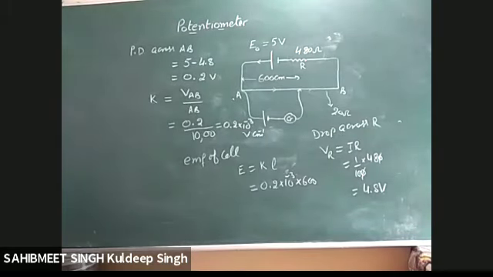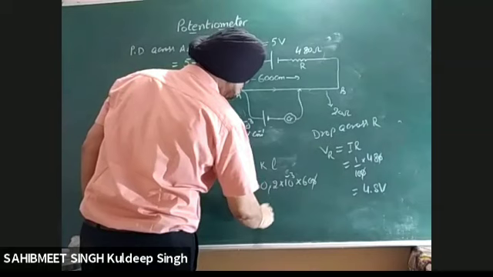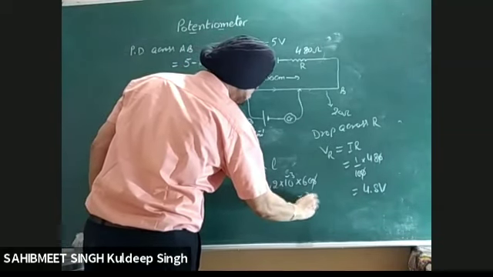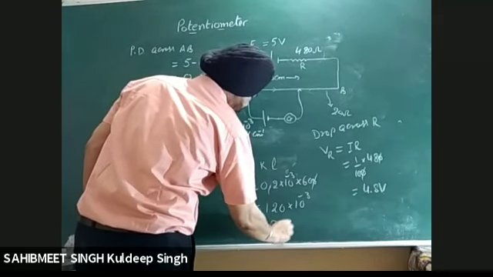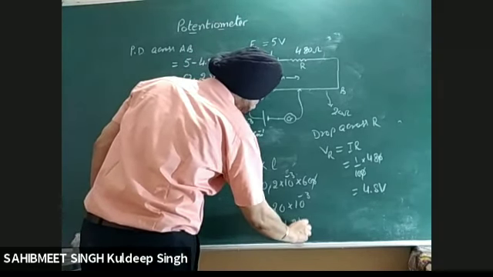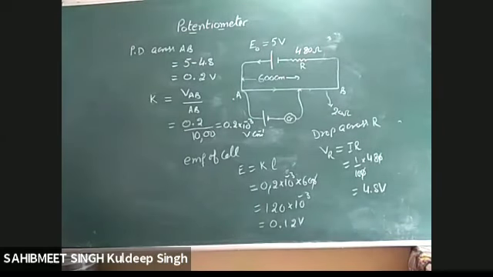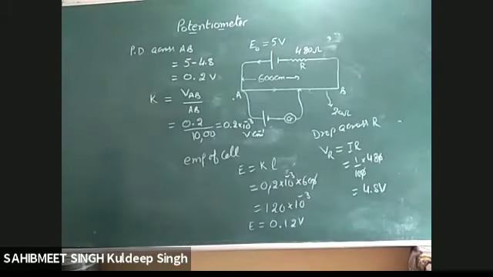So when you solve it, this decimal has gone. I have 120 into 10 raised to power minus 3, or I can say 0.12 volt. So this is the answer. So EMF of the cell is equal to 0.12 volt.